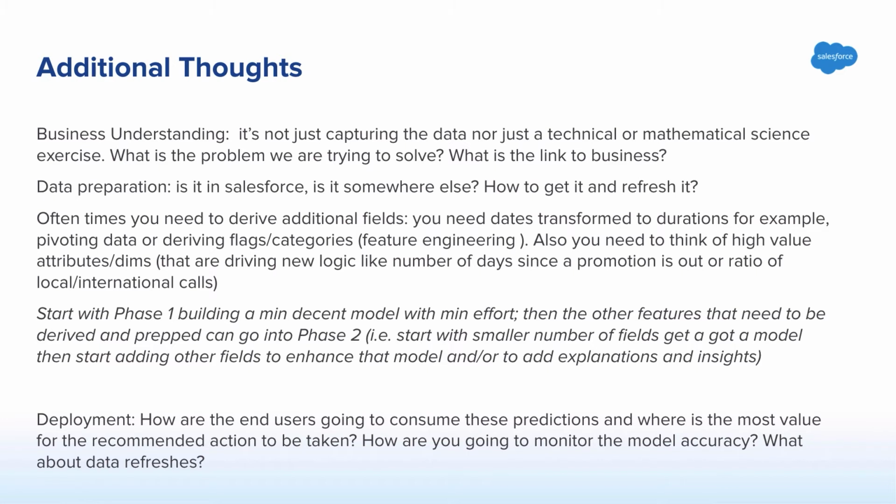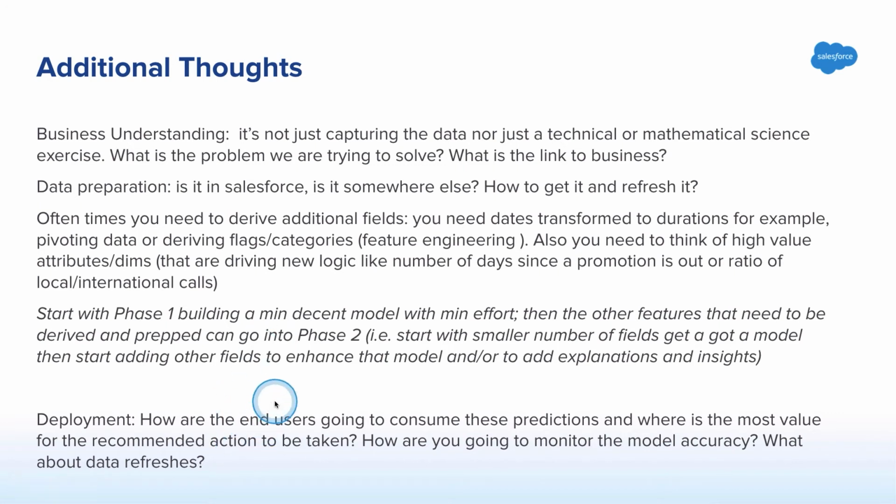Maybe the flag is not there and it's based on a condition: if this field and that field equal X, then 1, else 0, etc. You want to start with phase 1, as we mentioned, and at least get some minimal decent model. Then you figure out which fields got dropped and which fields stayed, and send that to production from a data prep perspective, etc.